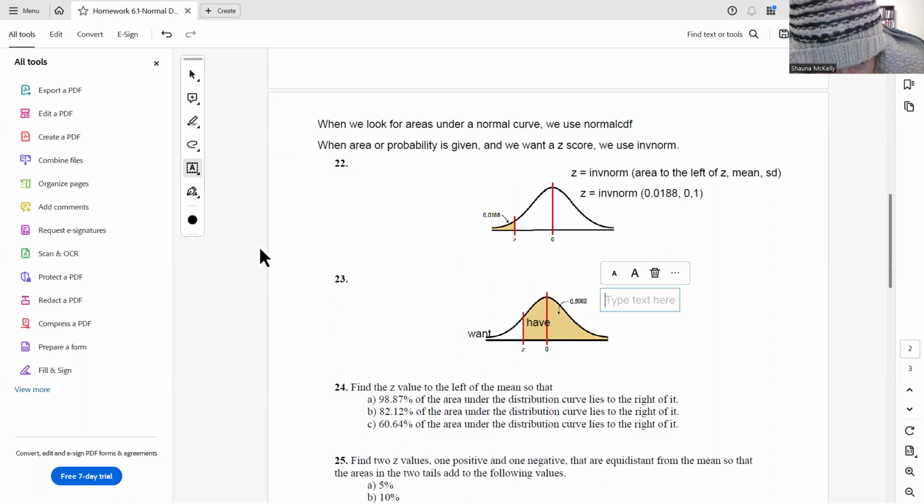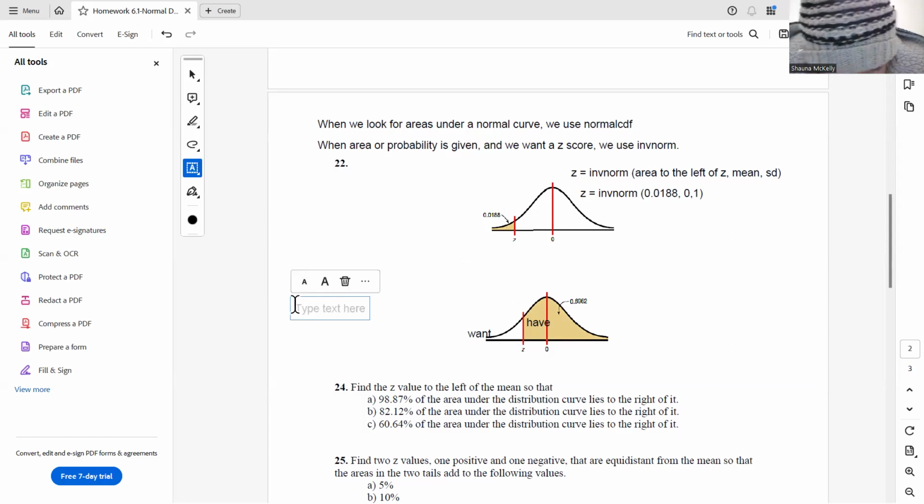So we're going to say that the area to the left of z is equal to 1 minus the shaded region. 1 minus the area of the shaded region. So what does that mean?